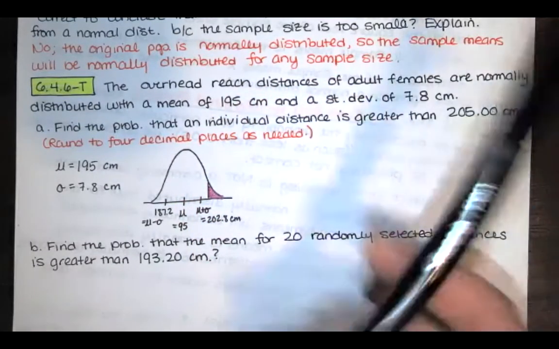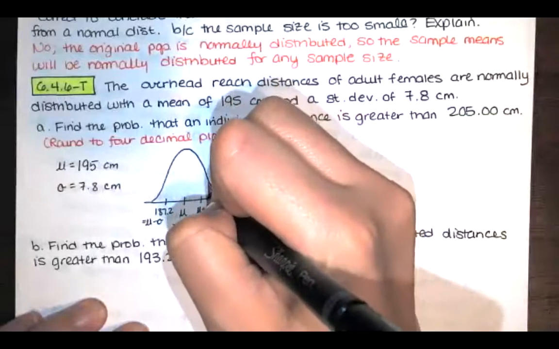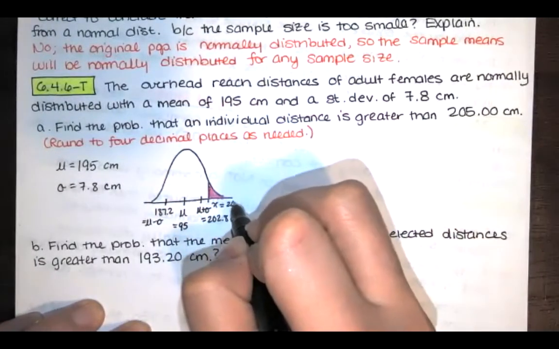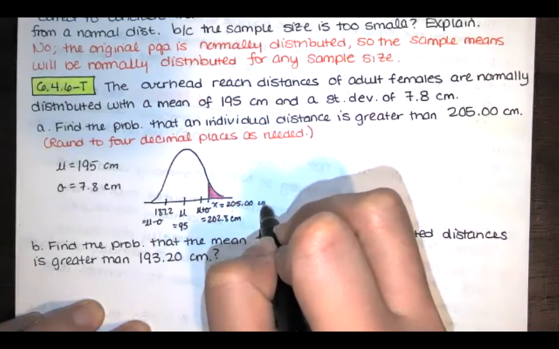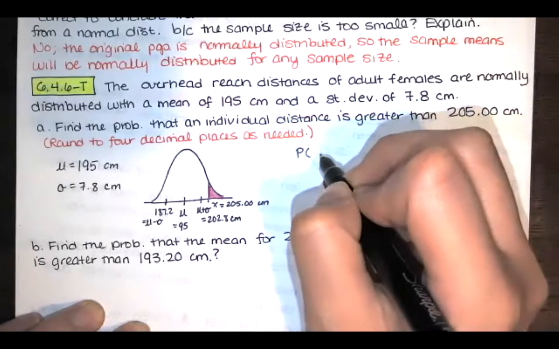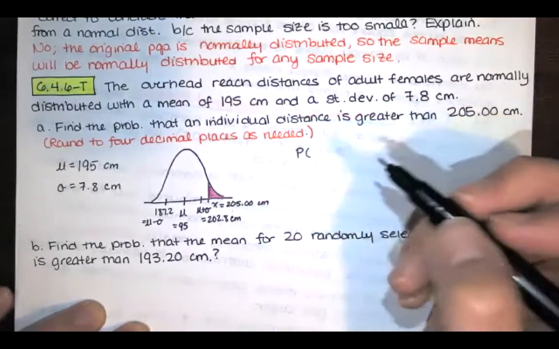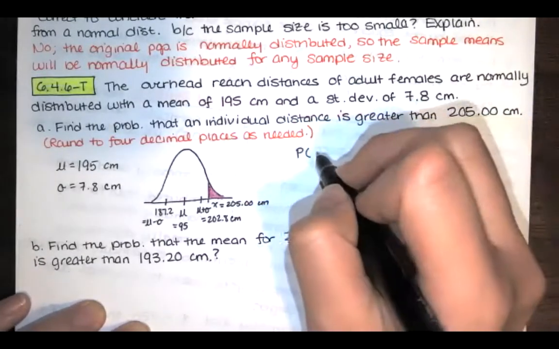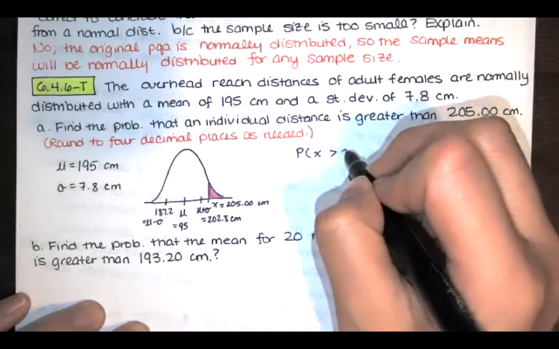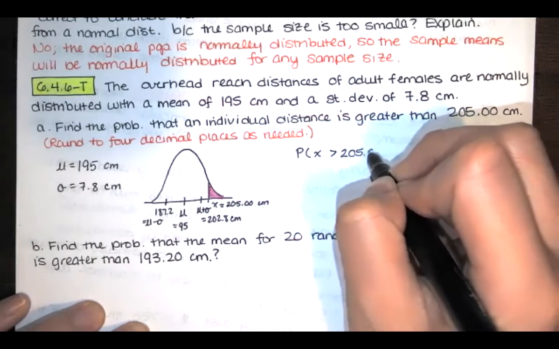Now, in order to find that area corresponding to an X value that is greater than 205 centimeters, we need to either use Excel to find this probability, or we can use table A2. Either one will work just fine.